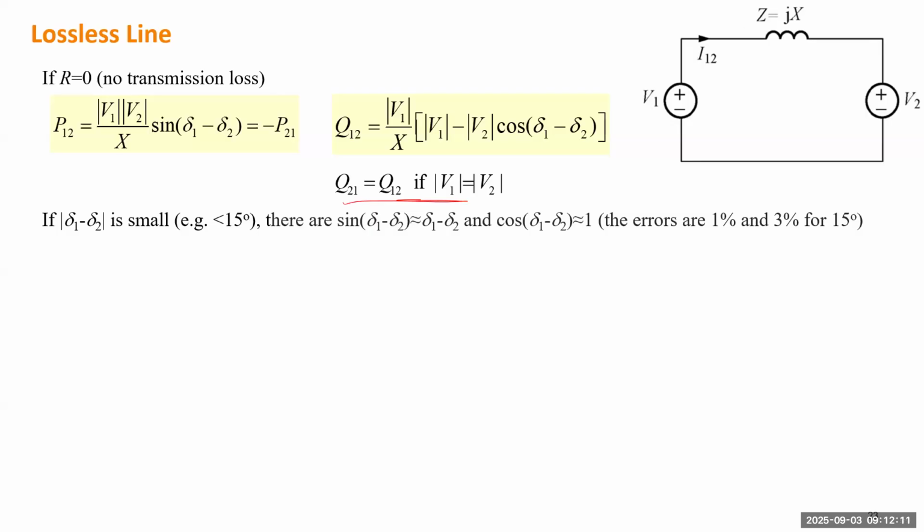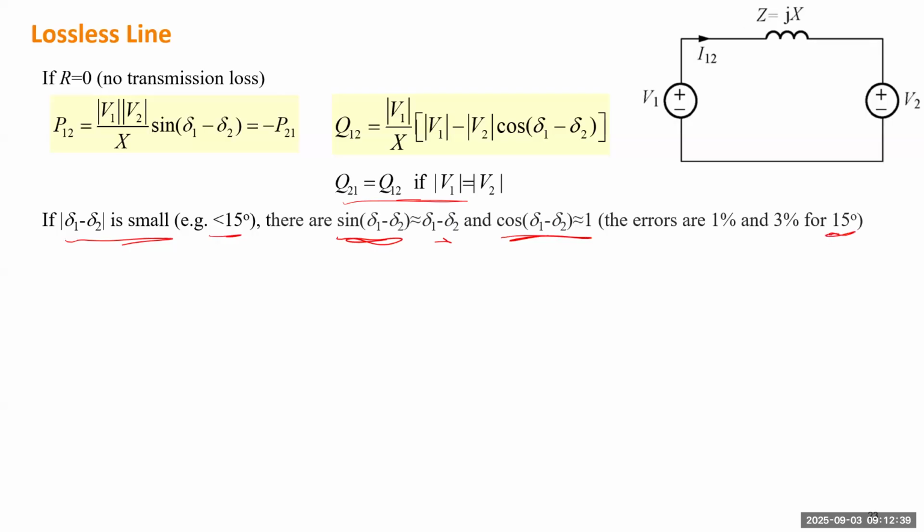So when the angle difference is small, typically less than 15 degrees, you can calculate that sine of 15 degrees will be very close to the angle itself. So even if you consider 30 degrees, if you calculate it, it's not too different from the angle itself, if we use radians for the angle, and cosine of the angle will be very close to 1.